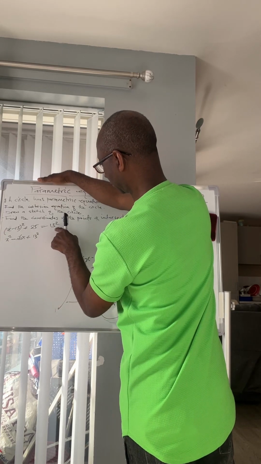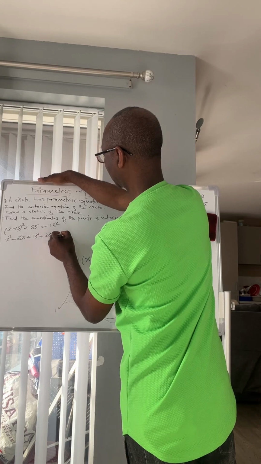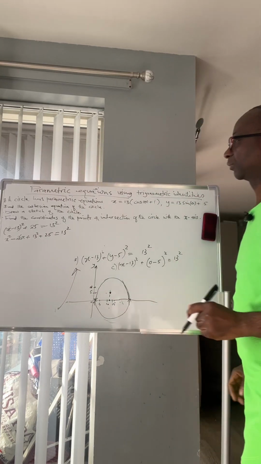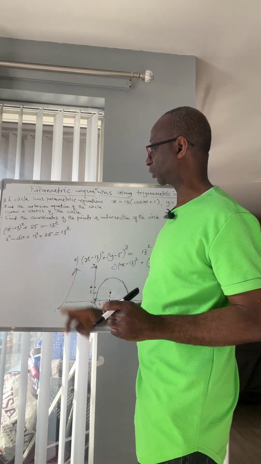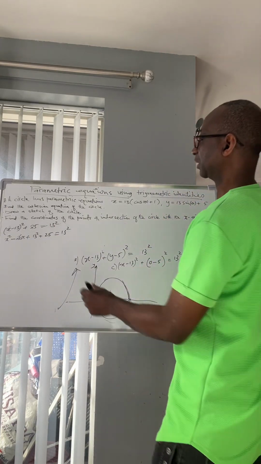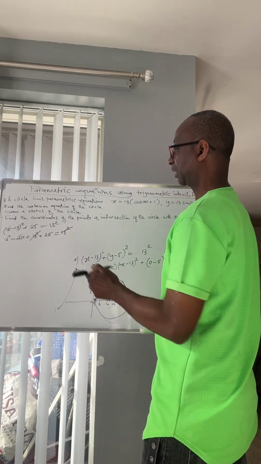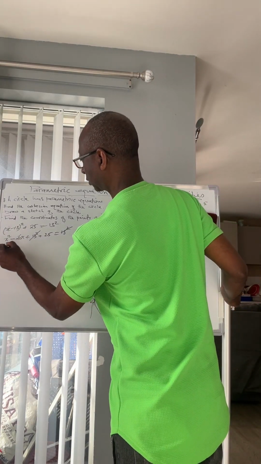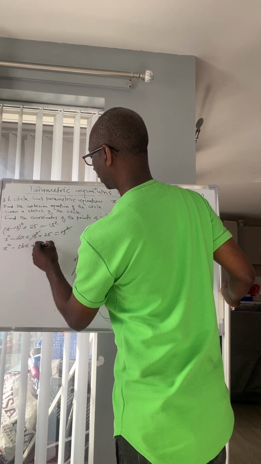Why? Because I have 13 squared here, plus 25 equals 13 squared. You can expand this, it doesn't matter, but I'm seeing 13 squared here, 13 squared here. I just want to get rid of them. 13 squared cancels 13 squared. So what we now have, x squared minus 26x plus 25 equals 0.